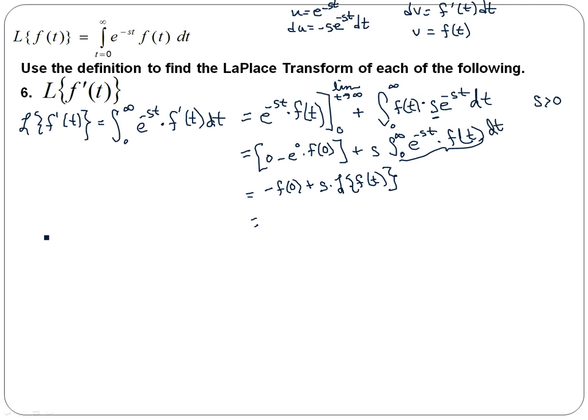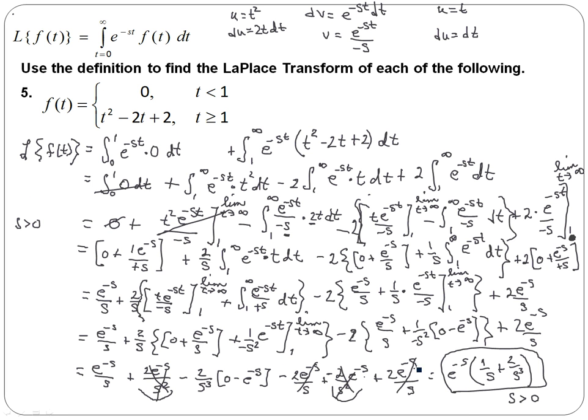We're going to make a definition, and we're going to let the Laplace of f of t, if you notice that when you take the Laplace of f of t, then I'm going to go back through our other examples. Notice that our answer is always a function of s.